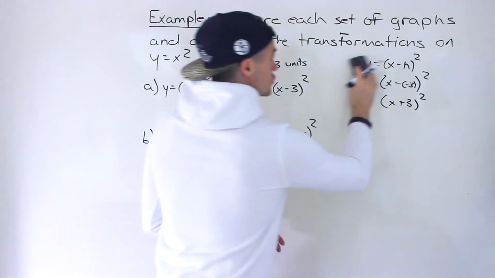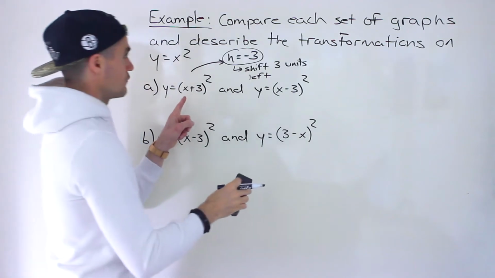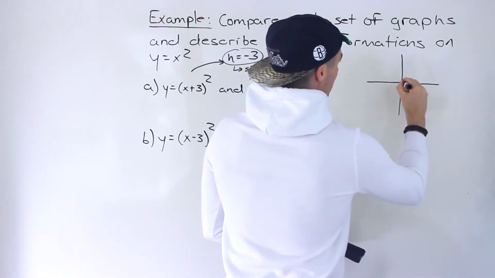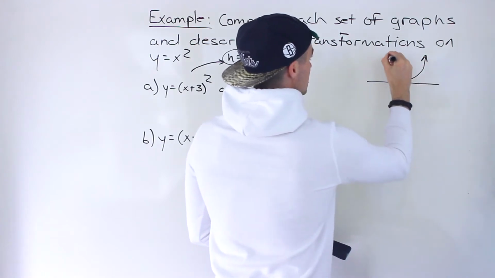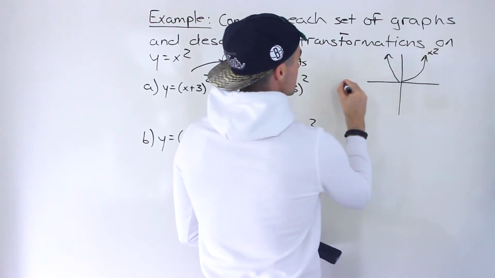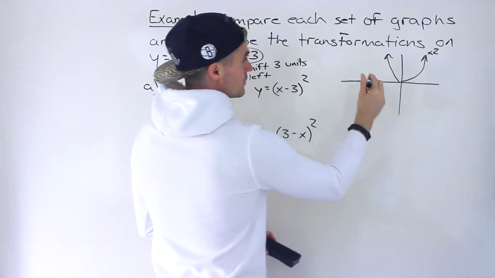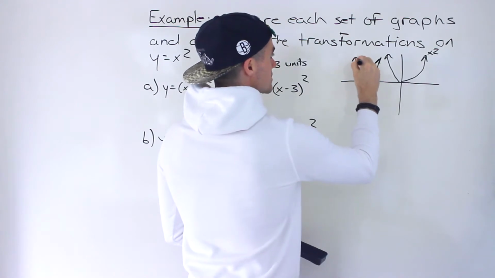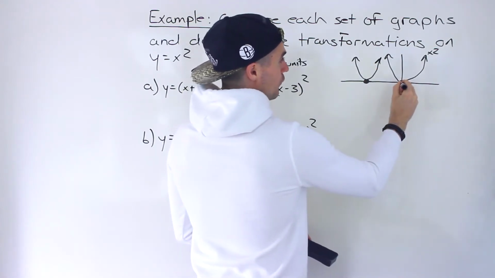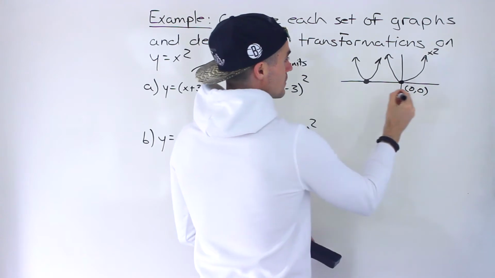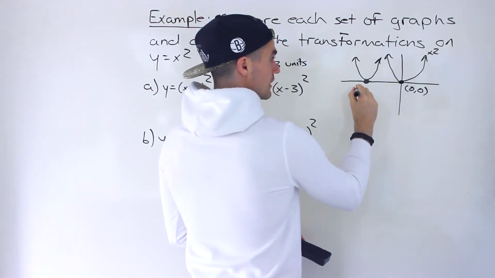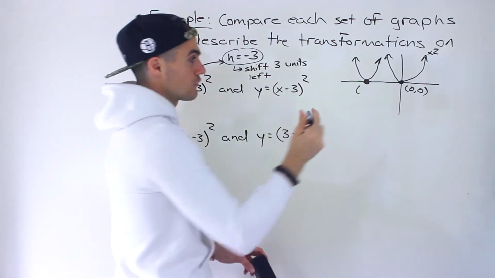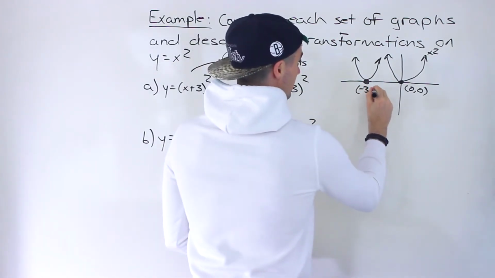If we take the graph of x squared and shift it 3 units to the left, where is the new vertex going to be? Before, the vertex was at (0, 0), shifted 3 units to the left, so this vertex is now at an x value of -3, so we'll have (-3, 0).